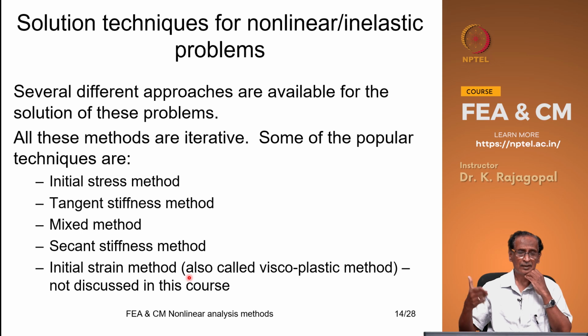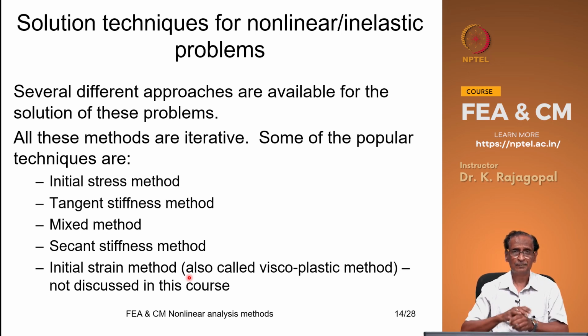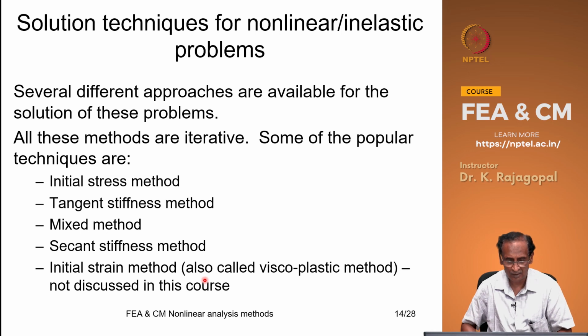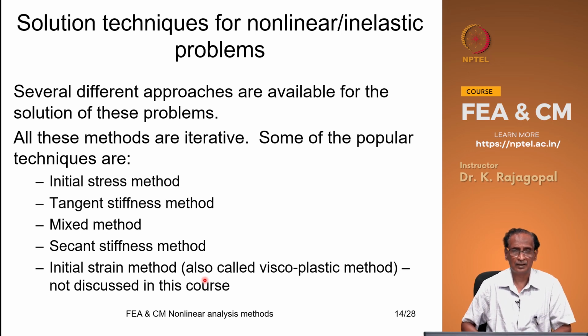In the case of elastic plastic, we deal with plastic strains, whereas in the case of viscoelastic or viscoplastic, we have time dependent strains like the creep strains. This initial strain method is not discussed in this course, because we are not dealing with any creep or viscous response.